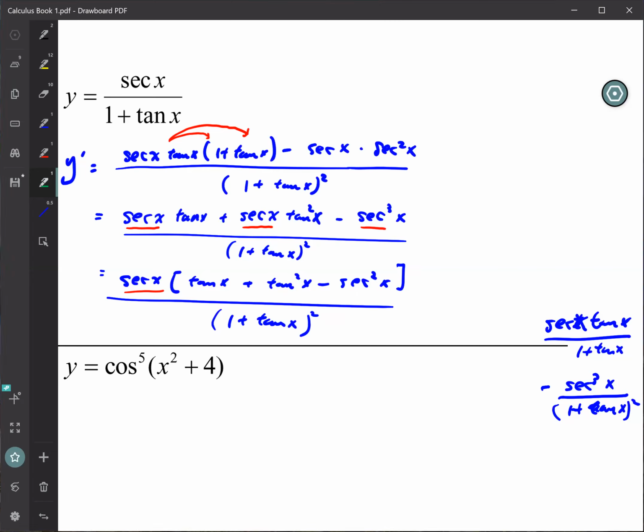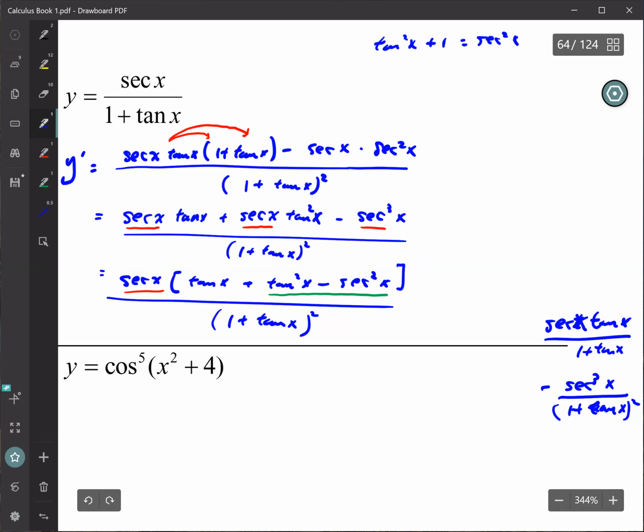Tangent squared x minus secant squared x equals 1? Is it? Which identity is that? Tan squared x plus 1 equals secant squared x. So if it's tangent squared minus secant squared, oh my bad, it's negative 1. Yes.